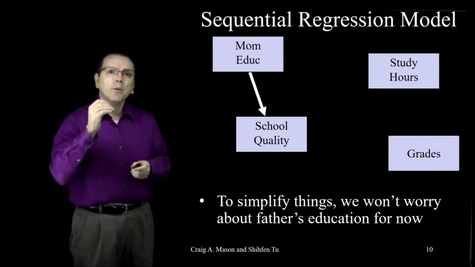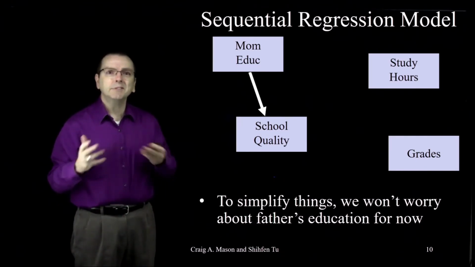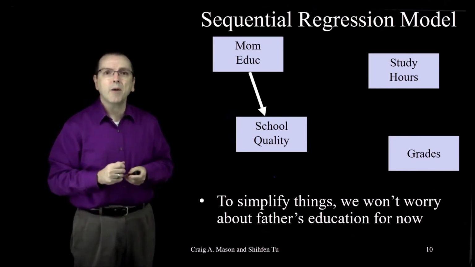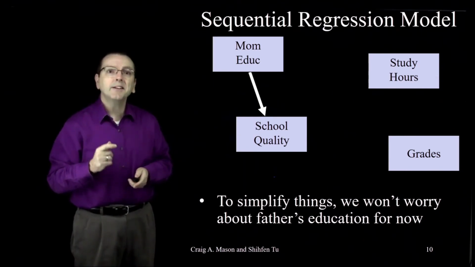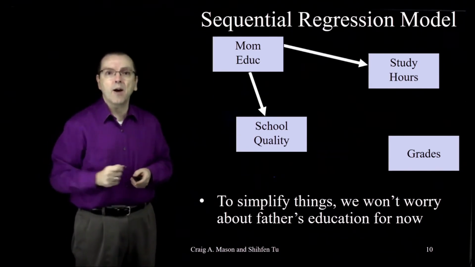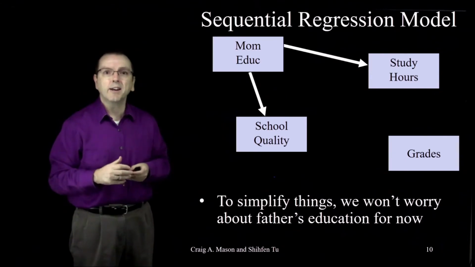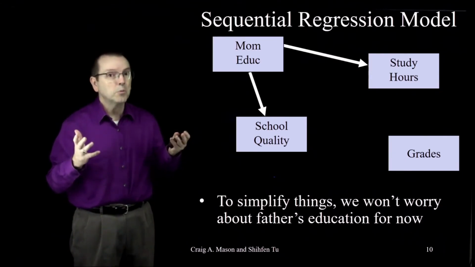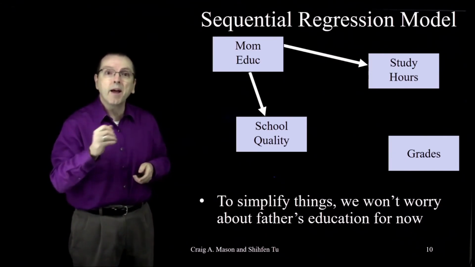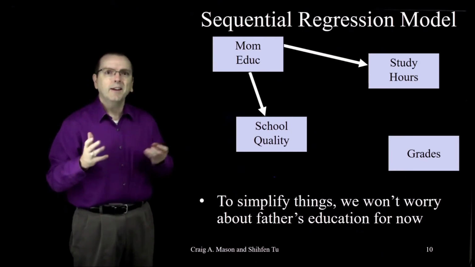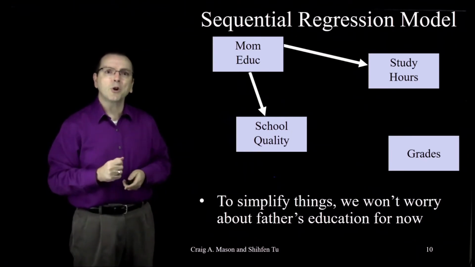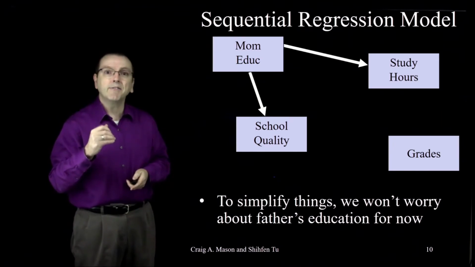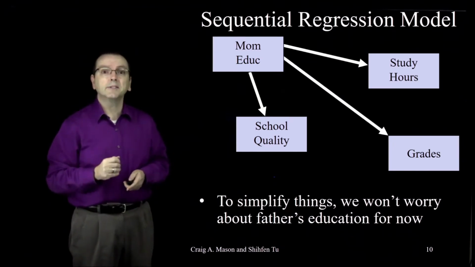Similarly, what if you think mom's education isn't just correlated with study hours, but instead has an effect on study hours? Maybe more educated mothers encourage or require more studying by their children. And of course, there's lots of research showing that mom's education has an effect on student grades.